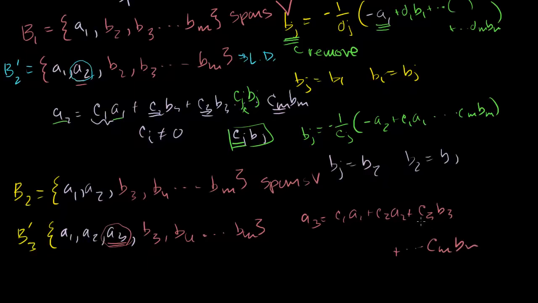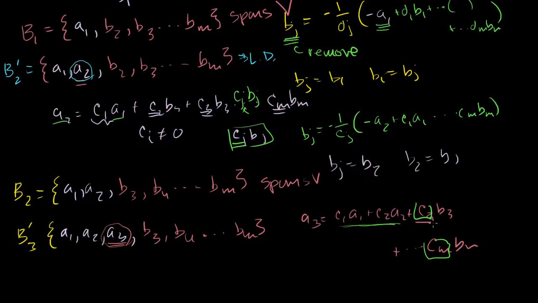And we know that at least one of the coefficients on the b terms has to be non-zero. Because if all of those were 0, then you would be saying that a3 could be a linear combination of the a terms. And we know that a3 can't be represented as a linear combination of the a terms because all these a terms come from a linearly independent set.